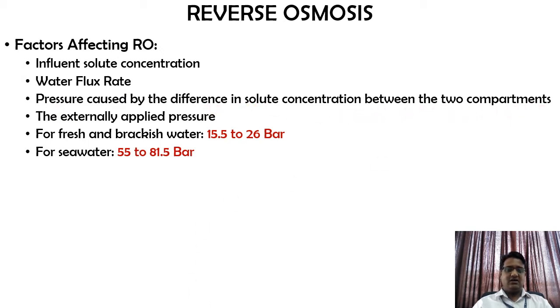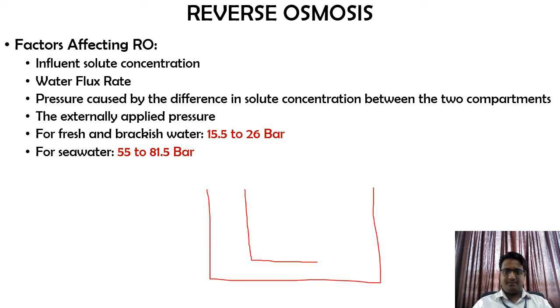That is, if I just draw this once again, by default, if I don't apply any pressure, imagine this: here is our membrane. Let us say this is fresh water, and here I have this contaminated salt water.